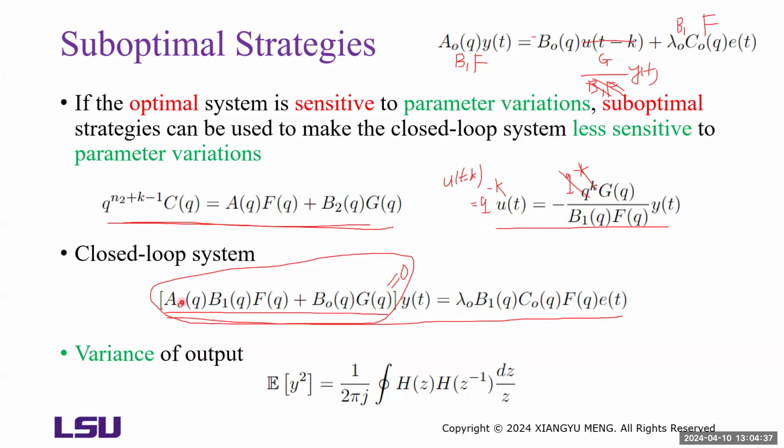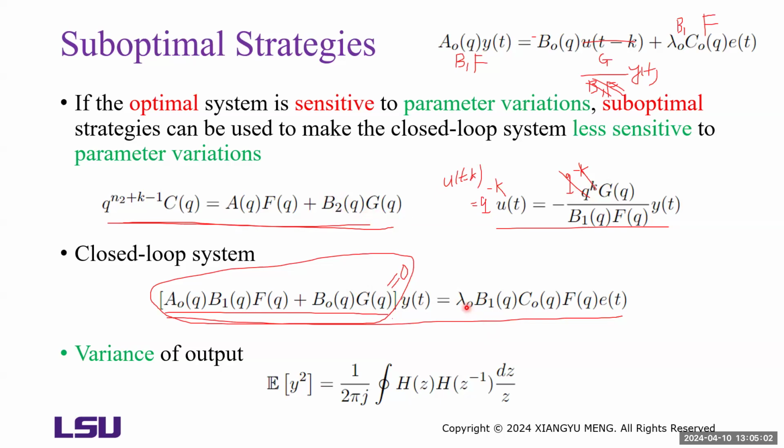Here A naught is from the physical system, B1 is from the mathematical model, F is from the controller design based on the mathematical model, B naught is from the physical plant, and G is a part of the controller designed based on the mathematical model.